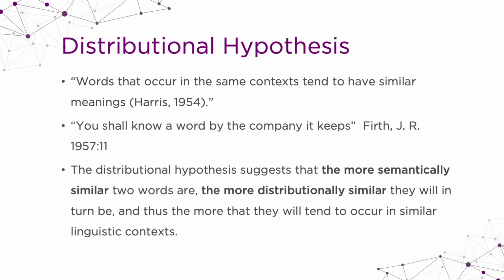I will start with the distributional hypothesis. It's an idea that comes from 1954. It says that words that occur in the same context tend to have a similar meaning. Or as it has also been said, you shall know a word by the company it keeps. So the intuition here is that words that are semantically similar will probably have a similar distribution in text.